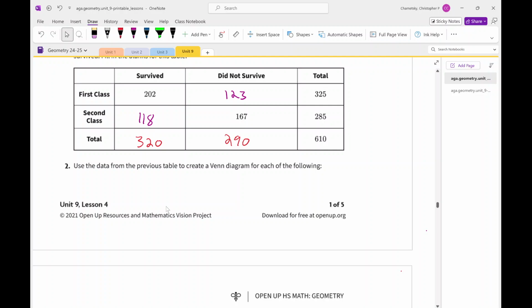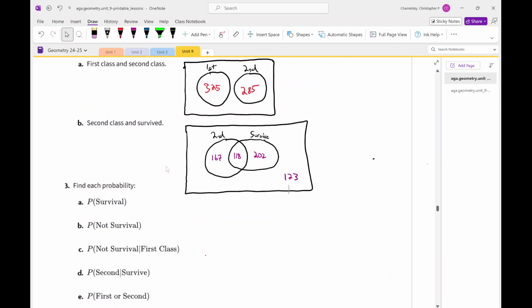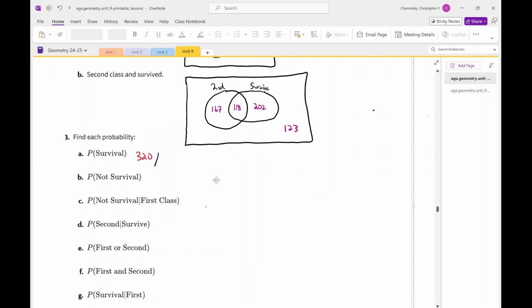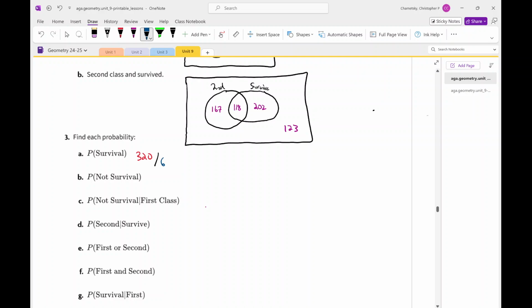So we're looking at our total survivals, sorry, it's 320 out of the grand total, which is 610. And if we divide that, we'll go ahead and get a percentage. So that's 0.52, or about 52%.